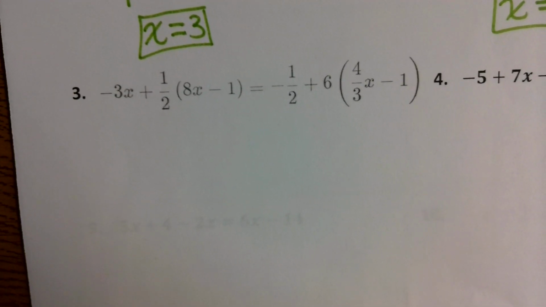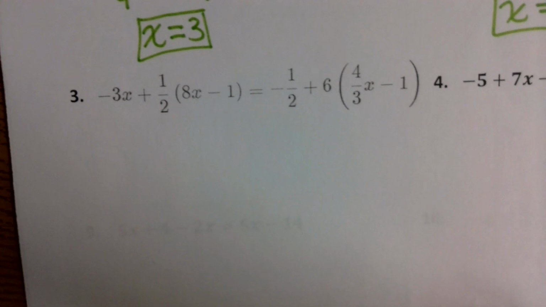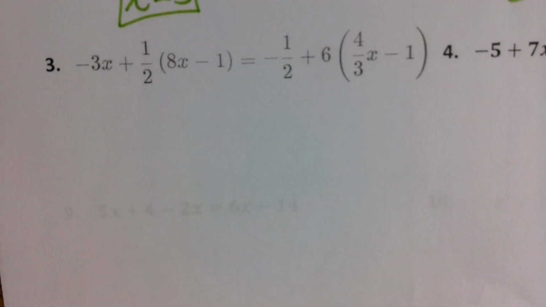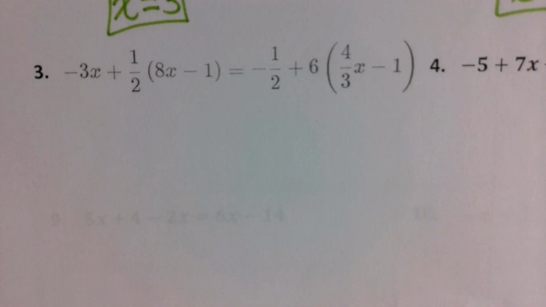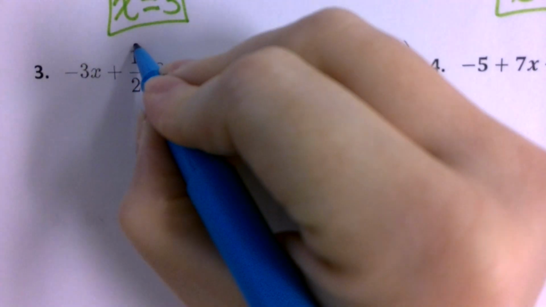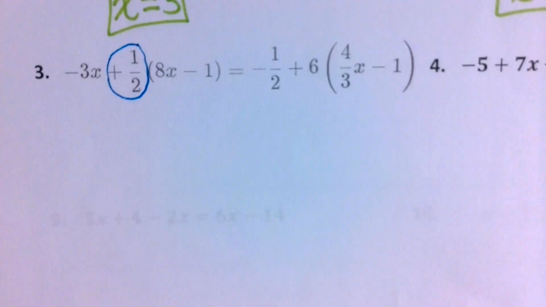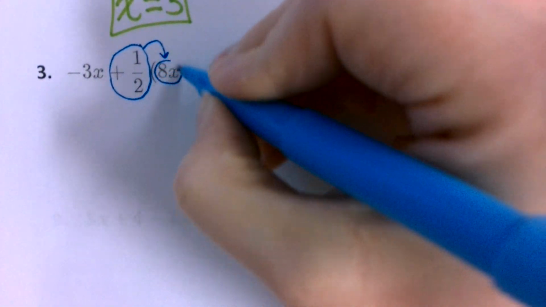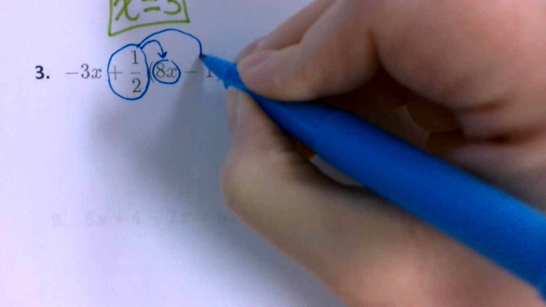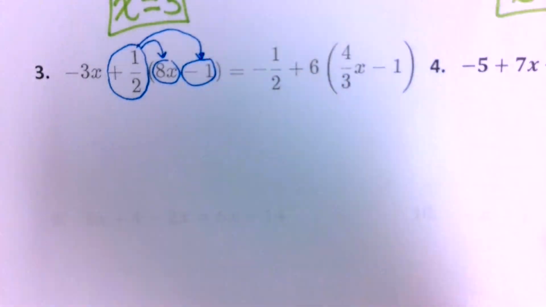What do I say is the first thing we always need to do? Check for distribution. Do I have distributive property here? Yes. In fact, I've got multiple distributive properties that are going to happen. I have this 1/2, that's a positive, that's going to get multiplied to this 8x, and it's going to get multiplied to this negative 1.